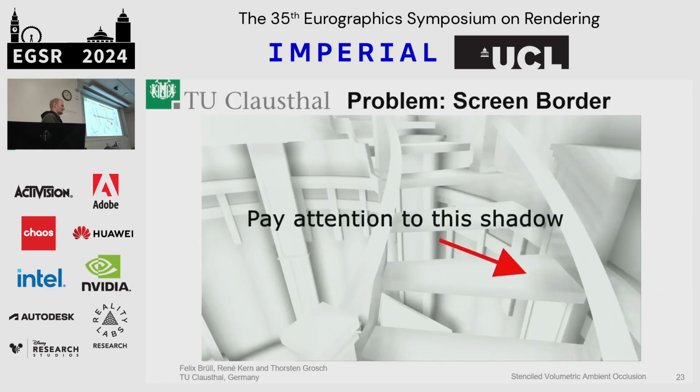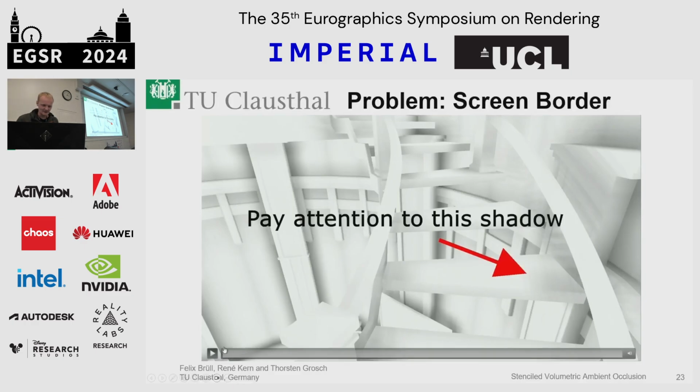Then there's another last problem for screen space techniques, which is the problem if we want to sample near screen borders, since they are usually screen space. So please pay attention to this shadow here on the right, on this slab.